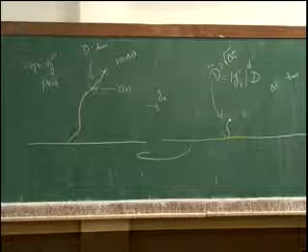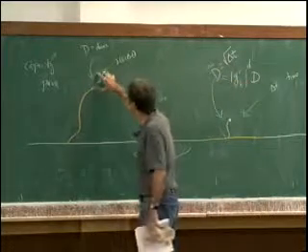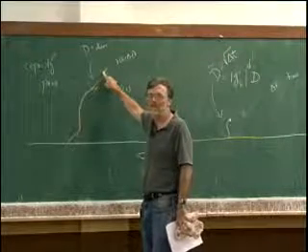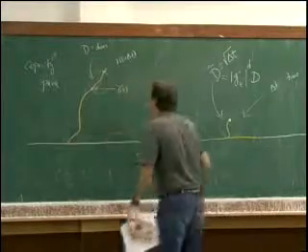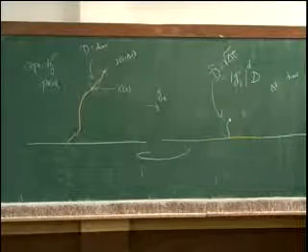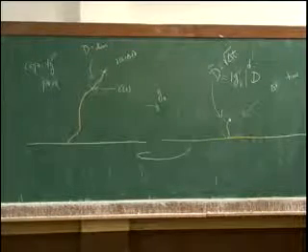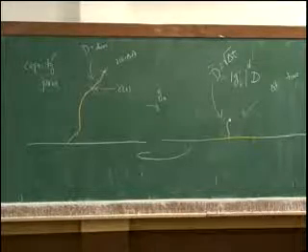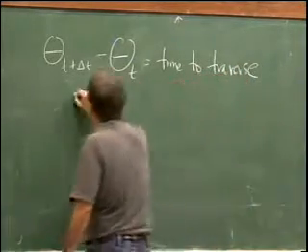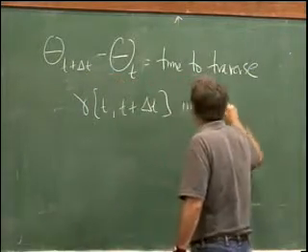So what I meant to say is, let's consider how much time it took to traverse this in the natural parameterization, in the d-dimensional length. I'm going to use this later, so I'll do this now. So theta t is the time to traverse gamma t to gamma t plus delta t in natural parameterization.